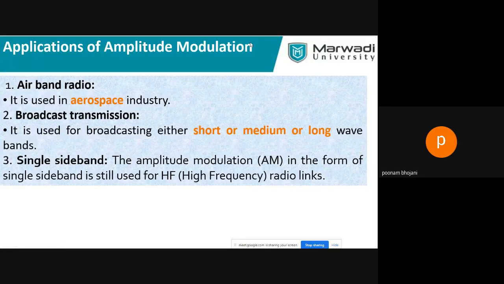As I told you, there are multiple techniques for amplitude modulation, and one of them is single sideband. And there are some television applications also. In television applications, we are also using amplitude modulation, but the technique is vestigial sideband, which is again a type of amplitude modulation. But it is not in your syllabus, so I'm not going deep into that because it would require one whole chapter.